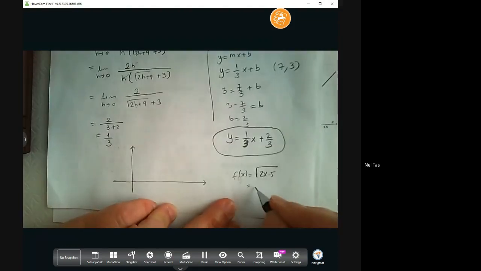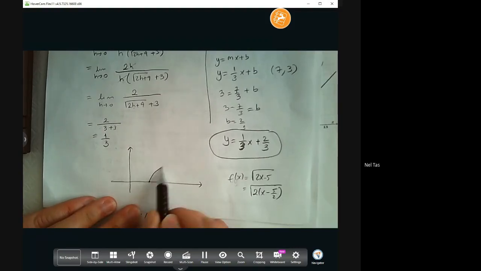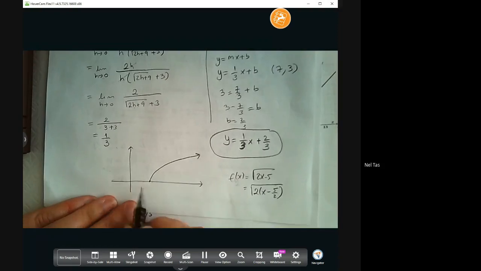Actually, if you factor that out, you get x minus 2.5, or 5 over 2. That means there's a horizontal shift 2.5 to the right. So this graph is something like this. Okay? So here is 5 over 2.